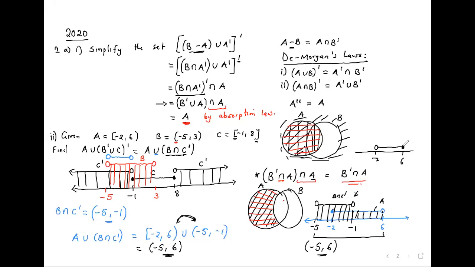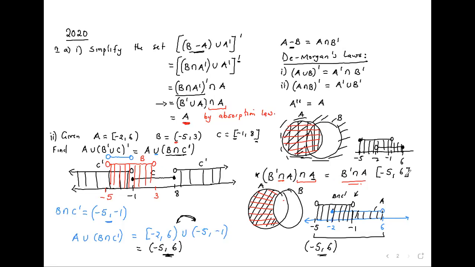And then at -5, we close, go all the way up to -1, we open. Our answer would have been, because you're getting the union, so you'd shade here, everything will be shaded up to there. So the answer then would be -5, 6.